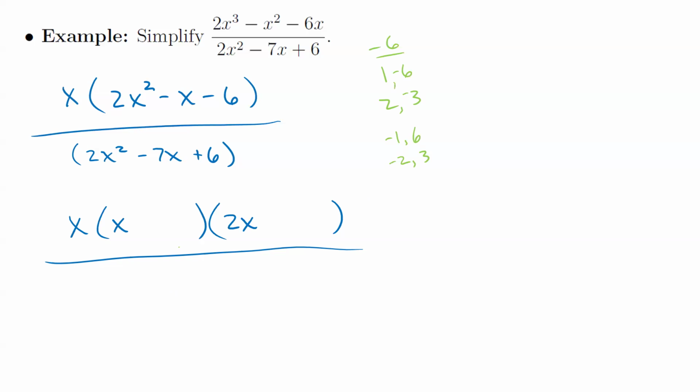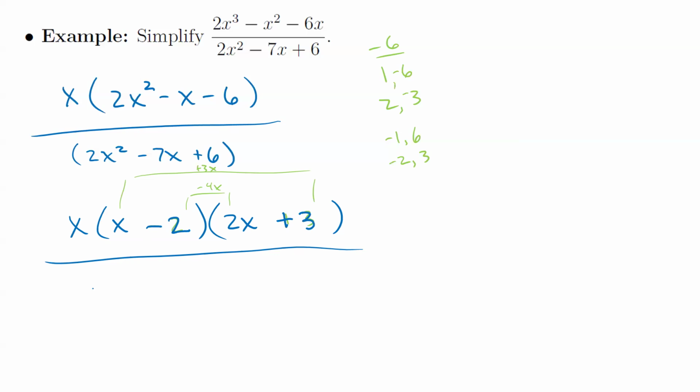I'm going to try doing a -2 and a +3. When I check that, -4x plus 3x, yes, that does in fact give me -x. So I know I did that correctly. You could absolutely use the AC method here, that would be a great idea, but you end up with that factorization.